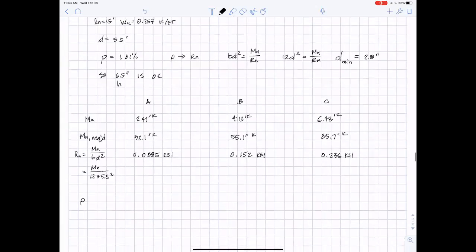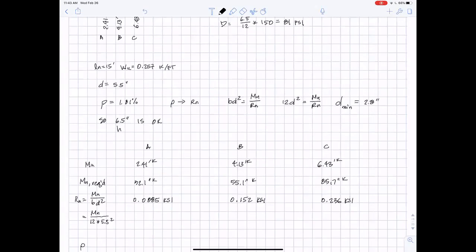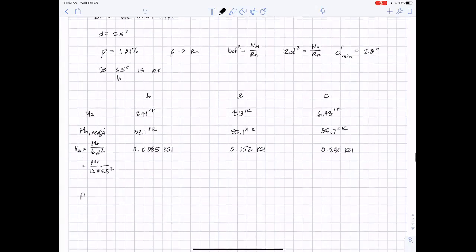Solving for rho with RN of 0.0885, I get rho equals 0.0015.